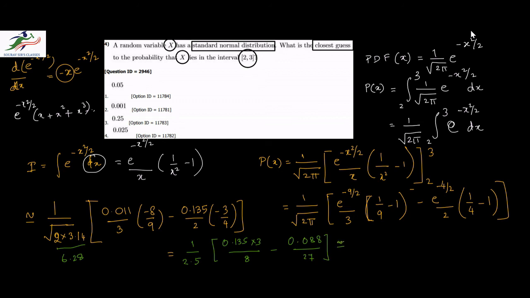This is equal to 1 by 2.5 into 0.05 minus 0.003, and this is roughly 0.19.